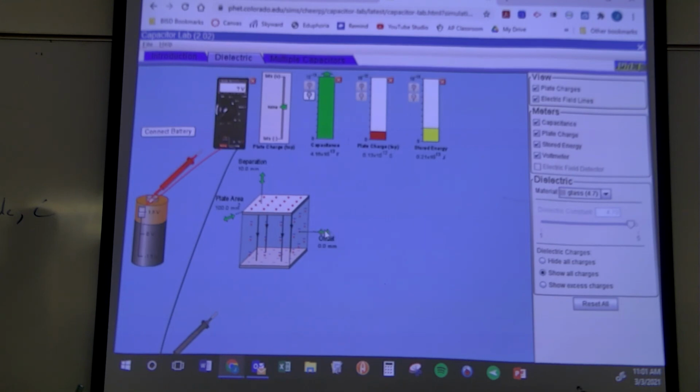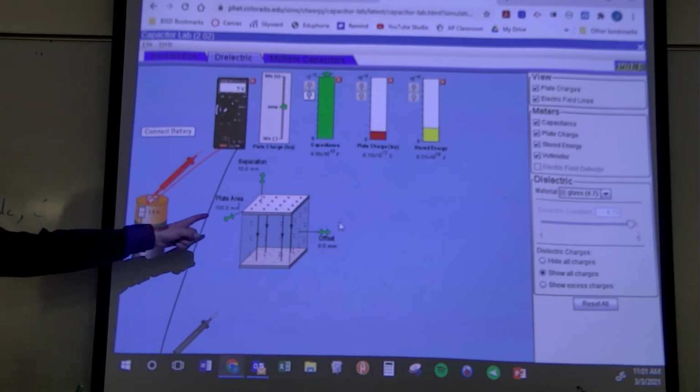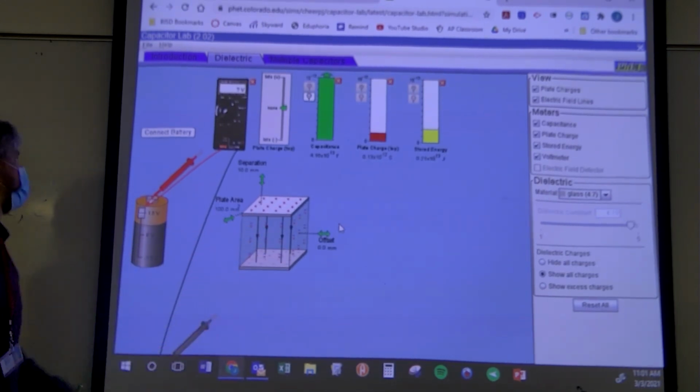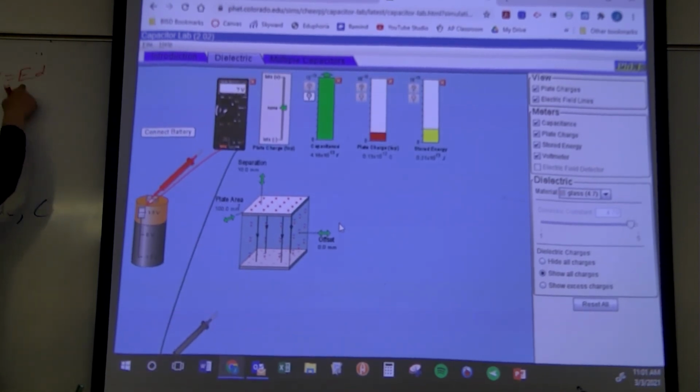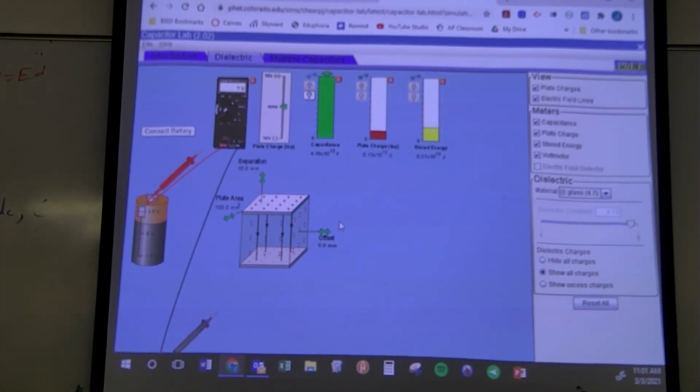What do you think is going to happen to the potential difference? It goes up? Goes down. Look, I put the dielectric in there. The electric field has gone down. If the electric field goes down, then the electric potential difference must also go down.